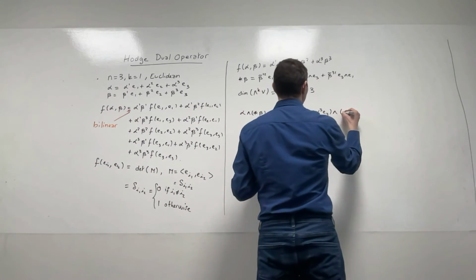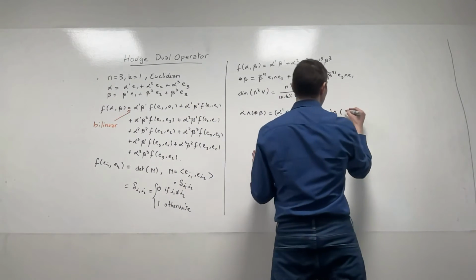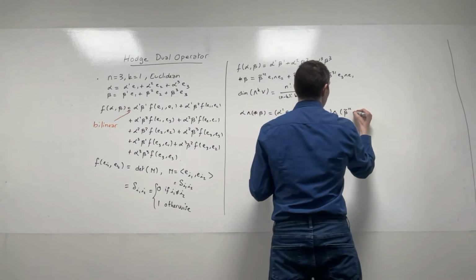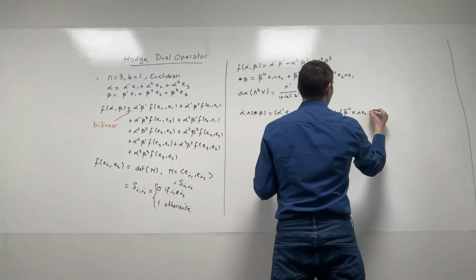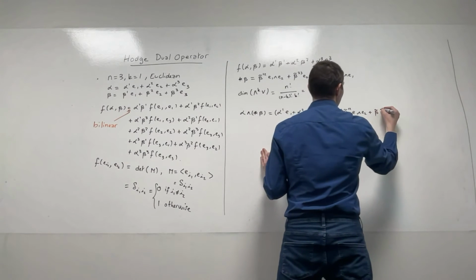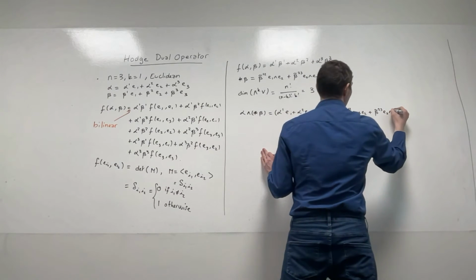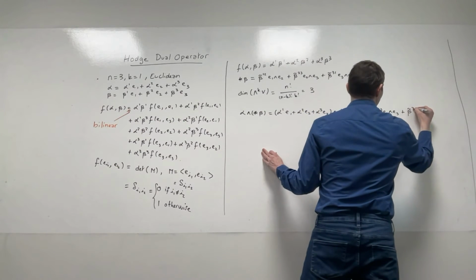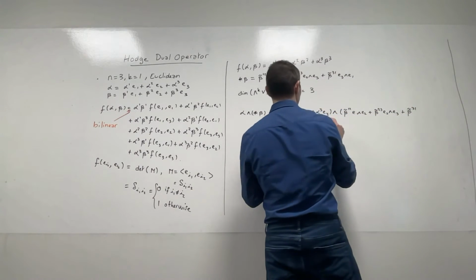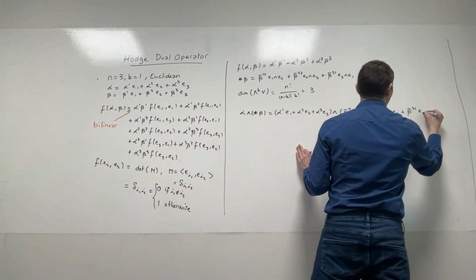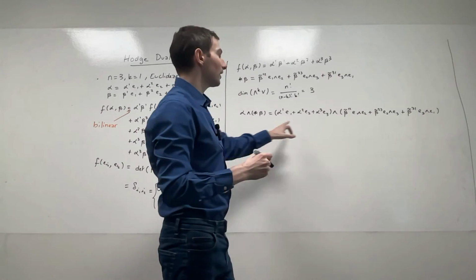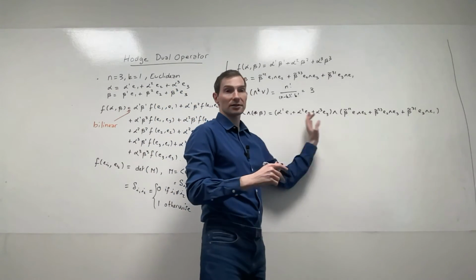So here I'm going to replace beta by this expression: beta tilde 1 2, e1 e2, plus beta tilde 2 3, e2 e3, plus beta tilde 3 1, e3 e1. I forgot the alpha, so no, that's fine.